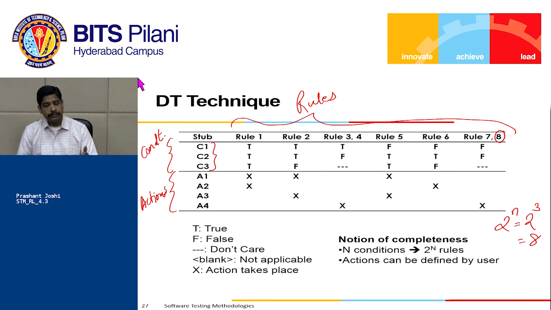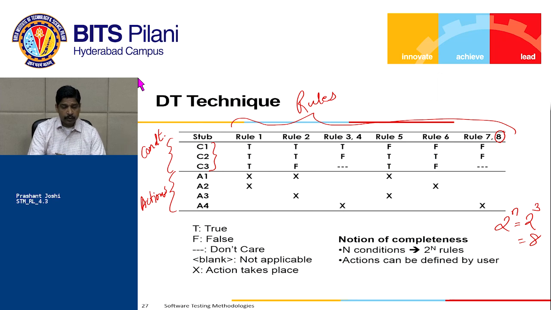Each rule defines a combination of conditions which are represented as true, false, or don't care. We further include blank, which is not applicable, specifically to define certain rules for us.